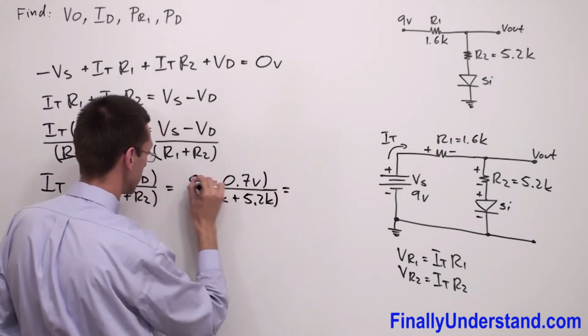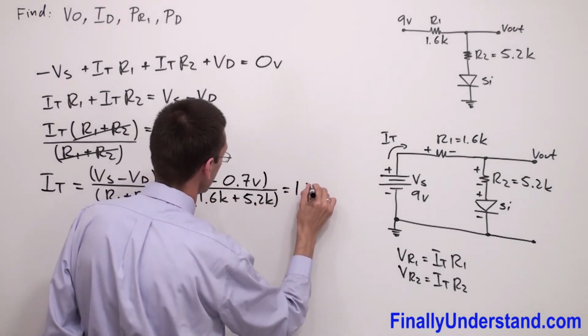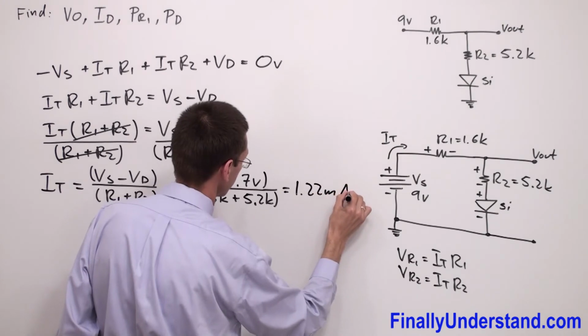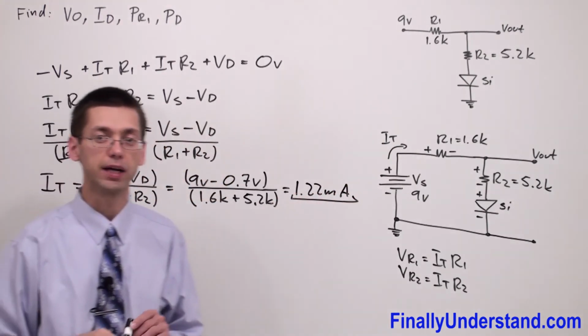This is equal 1.22 milliamps. So this is the total current in my circuit.